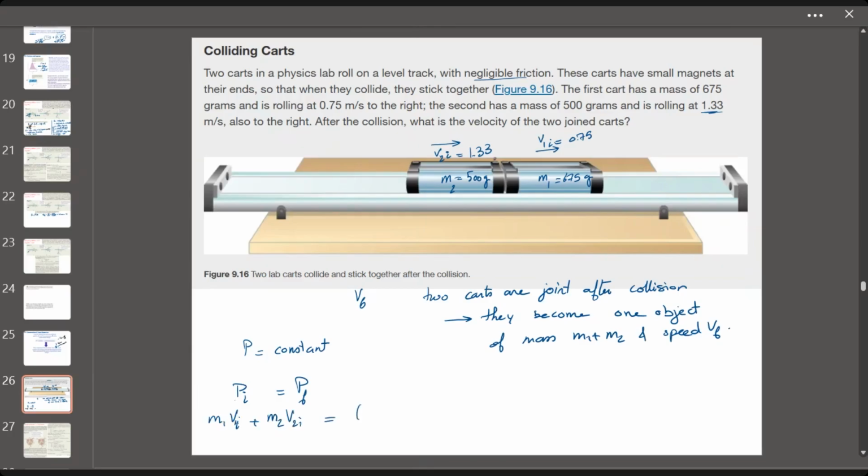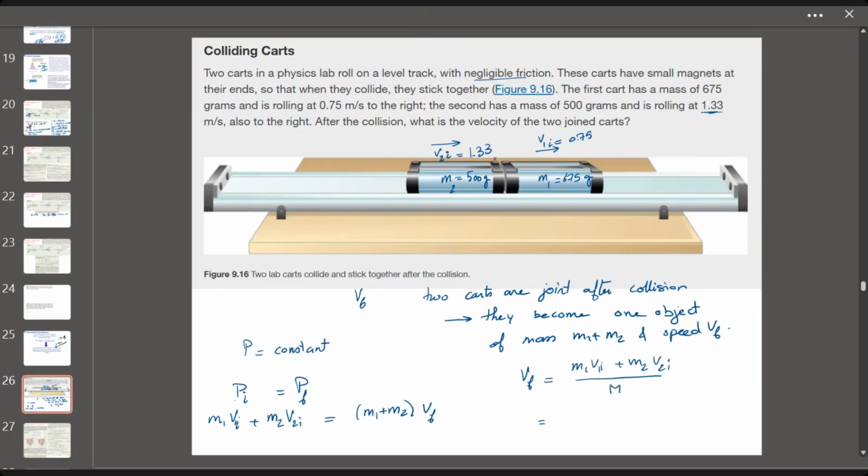And after the collision, I have both acting as one object. I will rearrange for V final. This is going to be M1 V1 initial plus M2 V2 initial over the total mass.